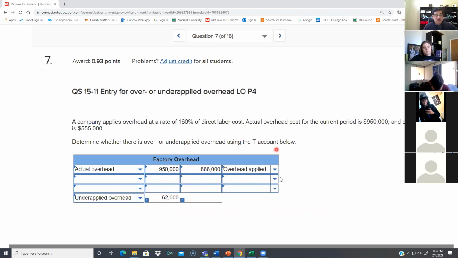So they have prepared the T account. I'm afraid to connect the tablet because it throws the things off. What I'm going to do is write it on a piece of paper and just show it on the camera. Yes, I can do it with a tablet, but it sometimes just messes up the things.